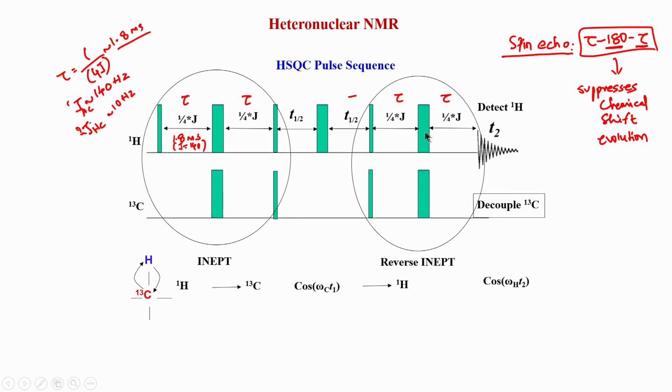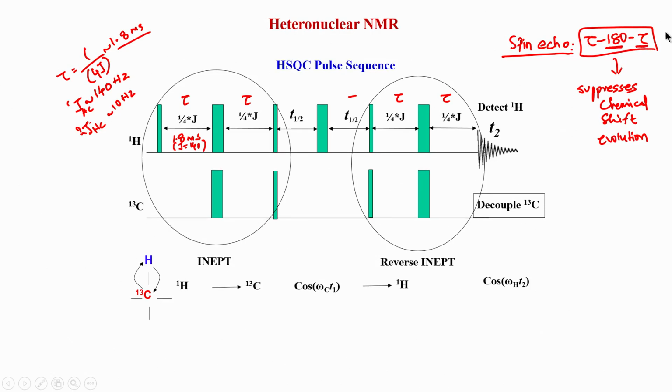Now during this period again there is evolution due to chemical shift and coupling, but chemical shift is suppressed, because I mentioned in the last class that this is called a spin echo sequence. Here you have a delay, or a tau period, which can be any duration, a 180 degree pulse, and then another delay.